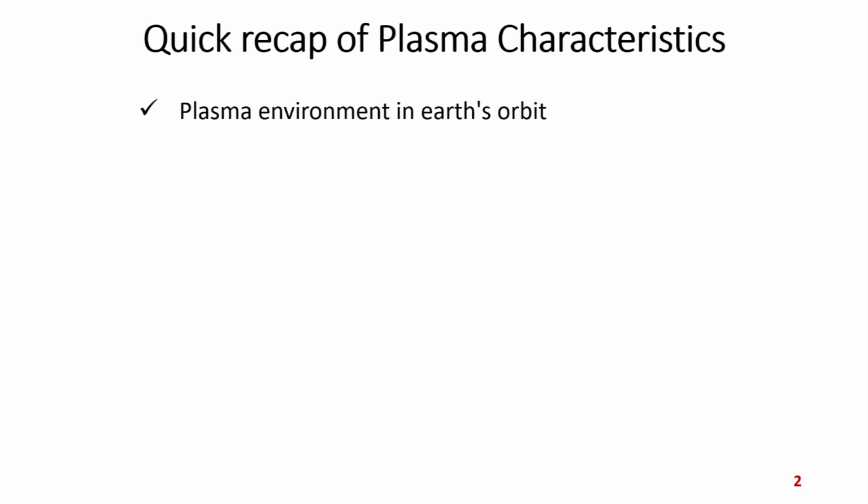In the last session we discussed the genesis or origin of the space plasma in different Earth orbits, and we discussed that the main origin of the space plasma is the solar wind, which we already covered in the first module.